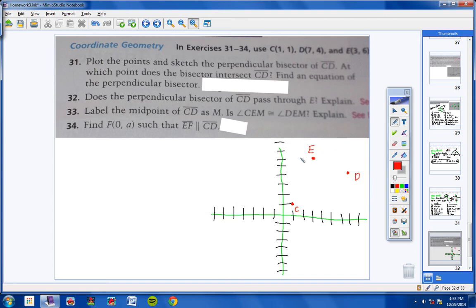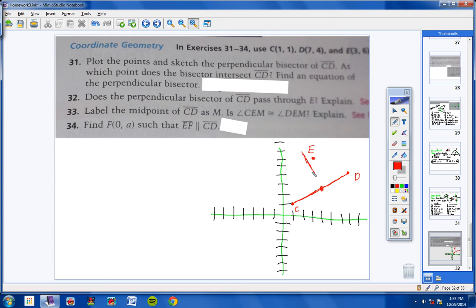Okay, there we go. Now, plot the points, and we've done that, and sketch the perpendicular bisector of CD. So here's CD right here. There's CD. Now they want us to sketch the perpendicular bisector, so we got to find the midpoint and then draw the perpendicular line.